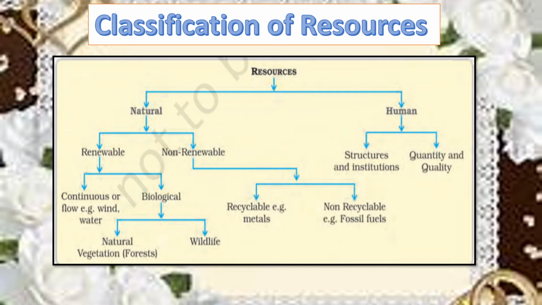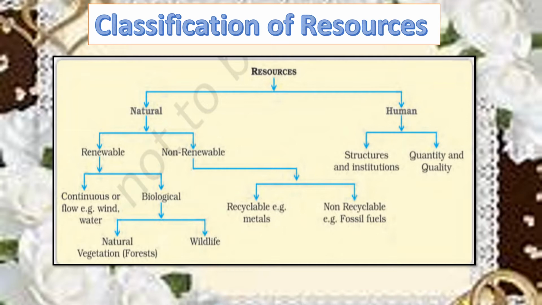Renewable resources can be again classified into continuous or flow and biological. Continuous or flow means which is continuously available, like wind, water. Biological can be again further classified into natural vegetation and wildlife.